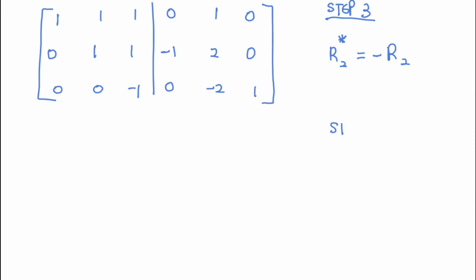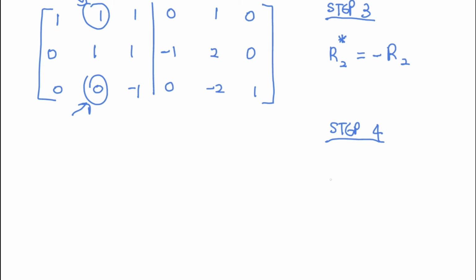Then we go to step 4. Step 4 is for the element other than the leading diagonal at the second column. Since we want to obtain 0 for these two, it is already 0 at the third row, so you don't have to do anything.